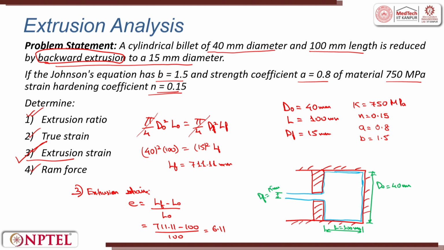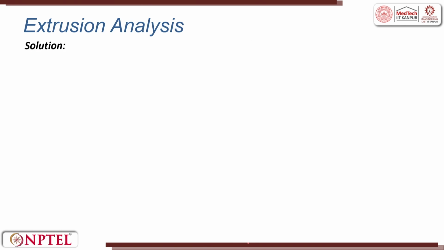Now because we have calculated the extrusion strain, let me come to true strain. To find true strain, epsilon is equal to natural log of 1 plus E, which is natural log of 1 plus 6.11, that is natural log of 7.11.